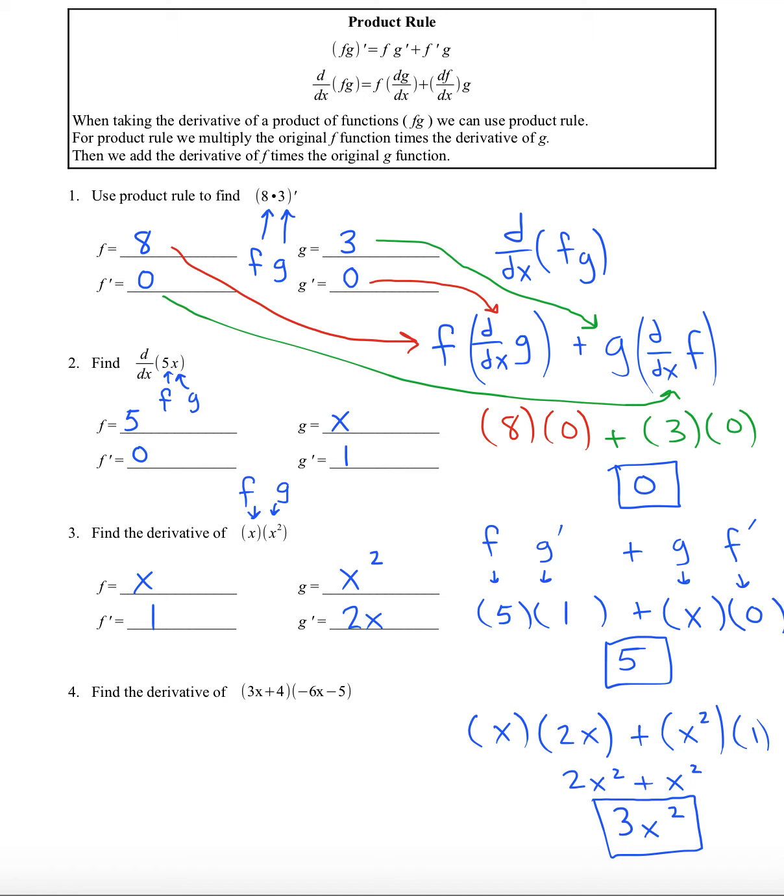All right, and now we'll try just a little bit tougher one. We want to do the derivative of one of them times the original of the other. It doesn't really matter which when it comes to product rule.